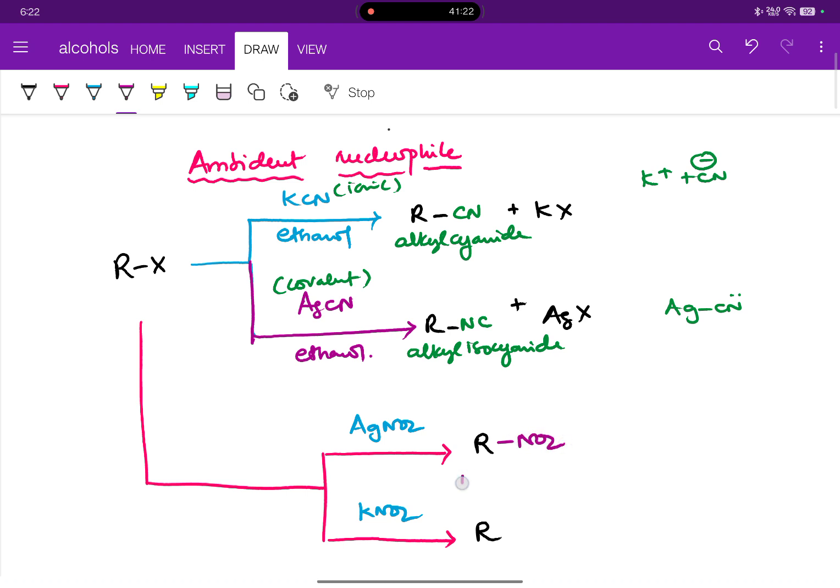I'll get a nitroalkane. The other way, if I treat it with KNO2, my product will be RONO, that is alkyl nitrite. So reagents like these, nucleophiles like these, are called ambident nucleophiles. They have two bonding sites, but they will bond with only one at a time, depending on the condition.